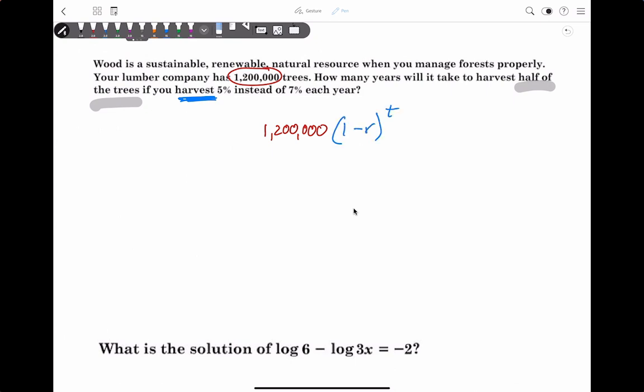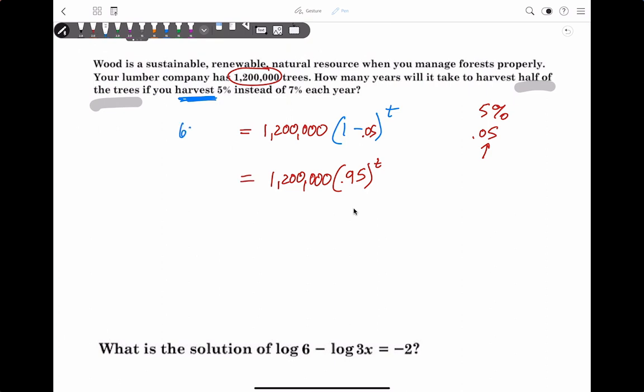And since r is 5%, we know that 5% is the same as 0.05 in decimal form. So it's 1 minus 0.05. And yes, you could have written just the 0.95. You don't have to write it like this; you could write it like this too. But nonetheless, it will result in half.